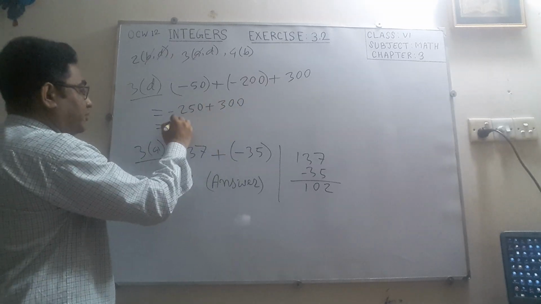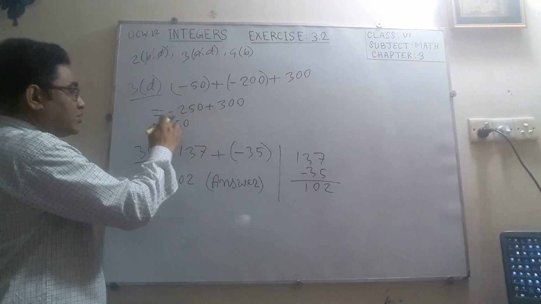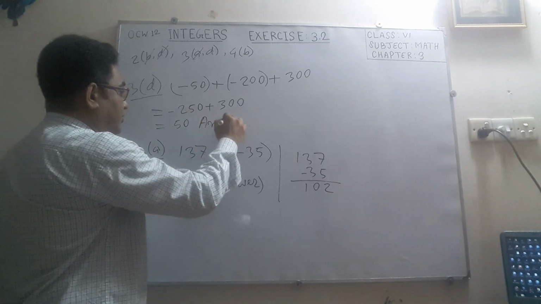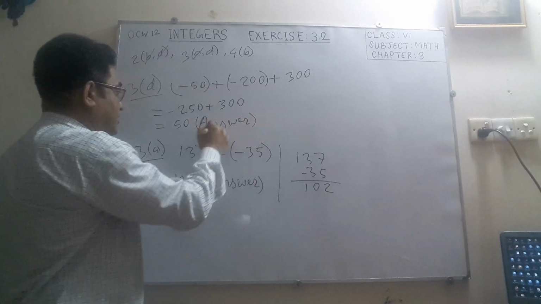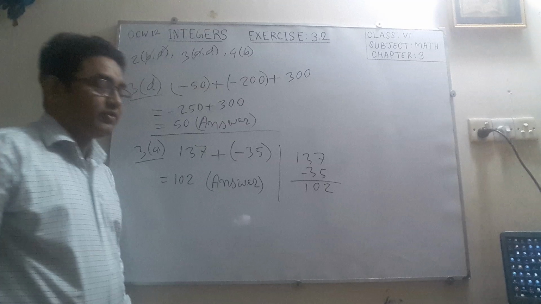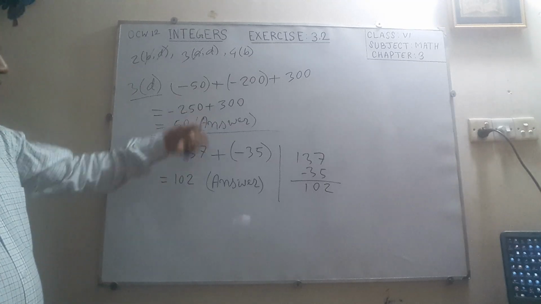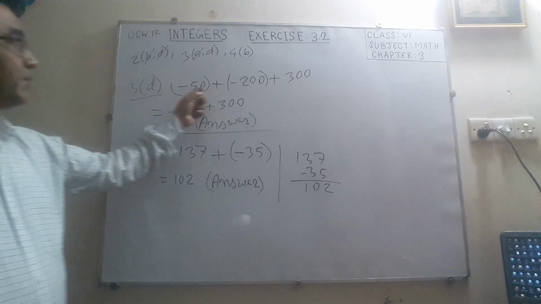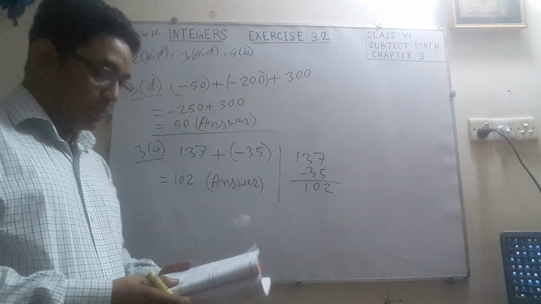And how much? 50. That means here is no sign, means plus. So the addition of this is equal to 50. So like this we can add numbers without number line.